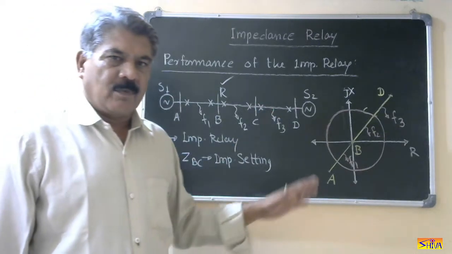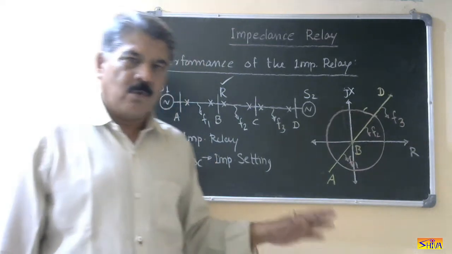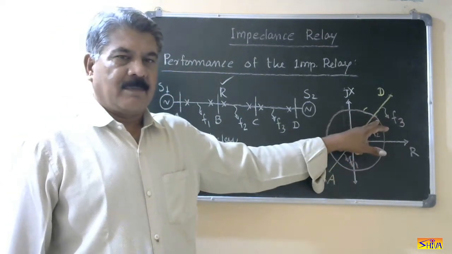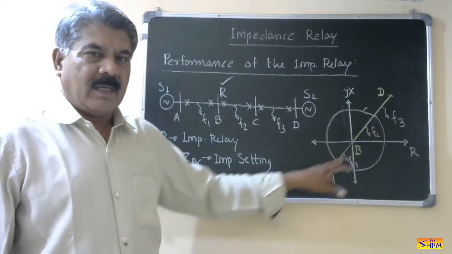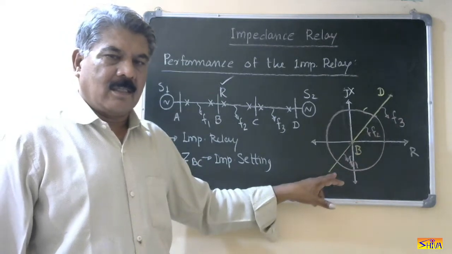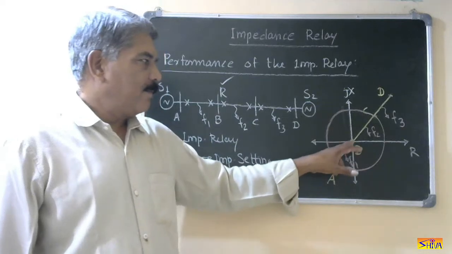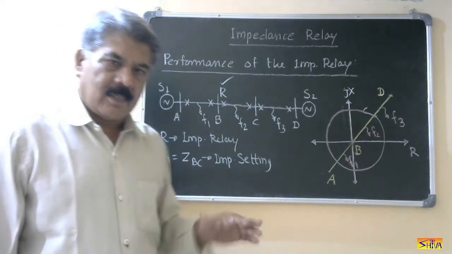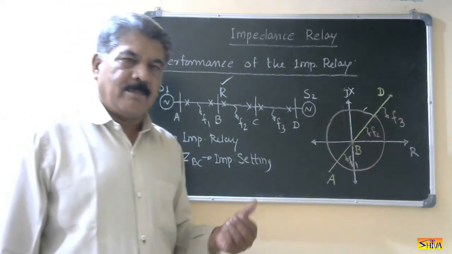So first we consider the Rx diagram. We locate the relay at the origin. Then we draw the impedance vectors: impedance vector BC, impedance vector CD, impedance vector BA. This is coming in the third quadrant because we are locating relay B at the origin. Second thing is you have to draw the characteristic of the relay being considered.